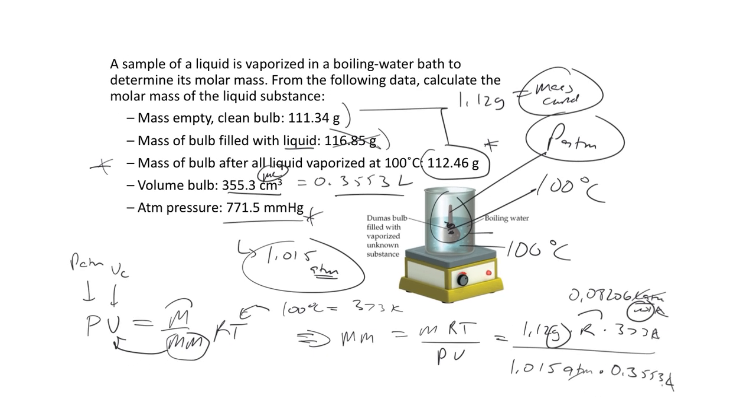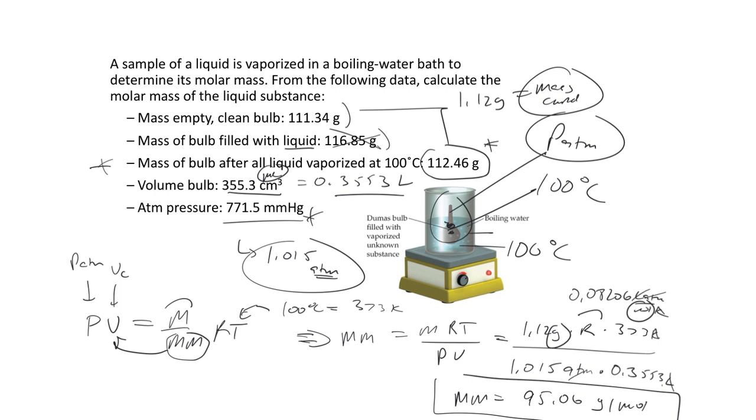So I get that the molar mass would be 95.06 grams per mole. So, a very long-winded problem, and you'll see some examples of this, because the examples usually say, oh, a certain compound at this temperature had this mass.